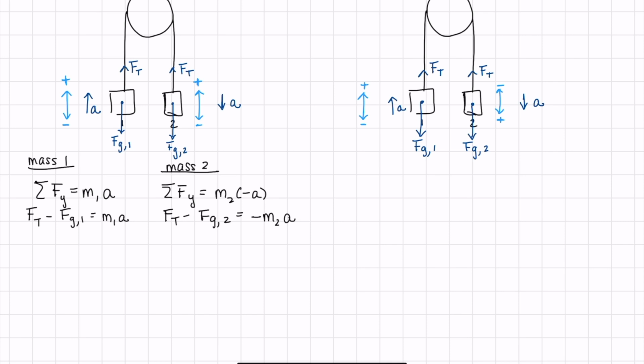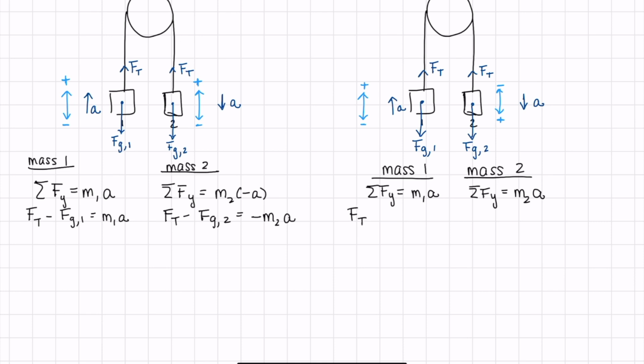Okay, now for doing the exact same thing with the different sign convention, let me write these headers. Sum of the forces in the y equals M1A. Sum of the forces in the y equals M2A. Now mass 1 is all pretty much the same.